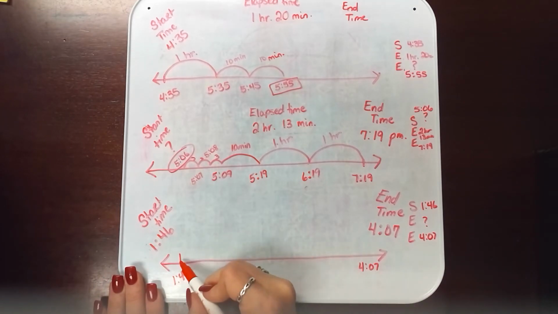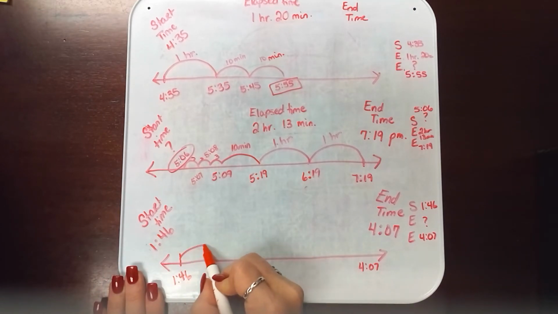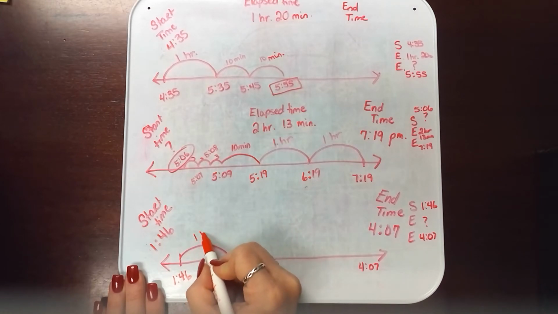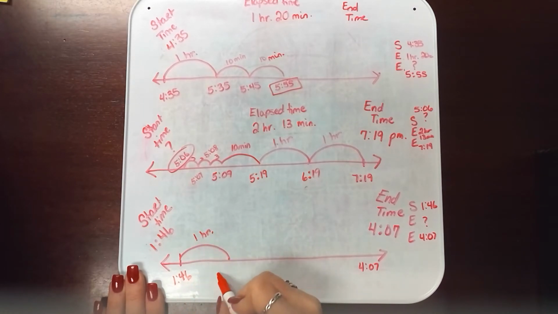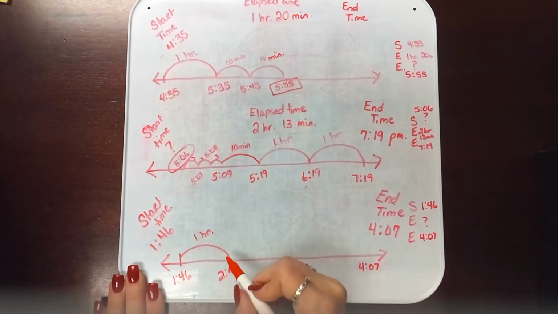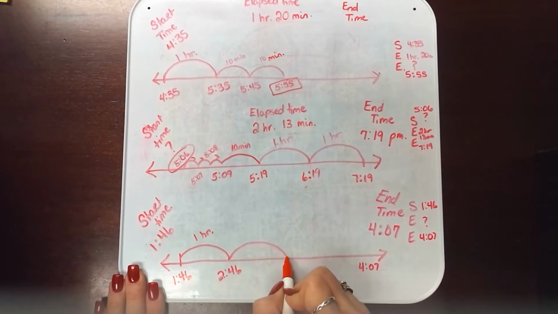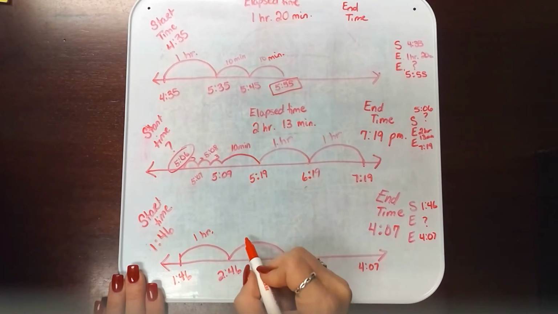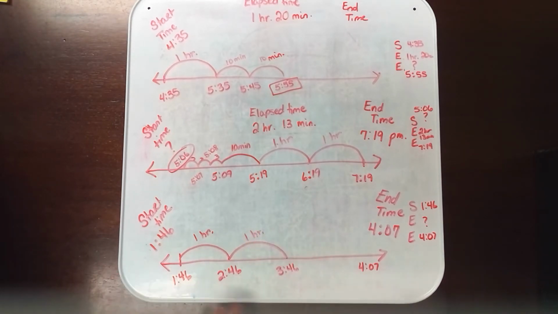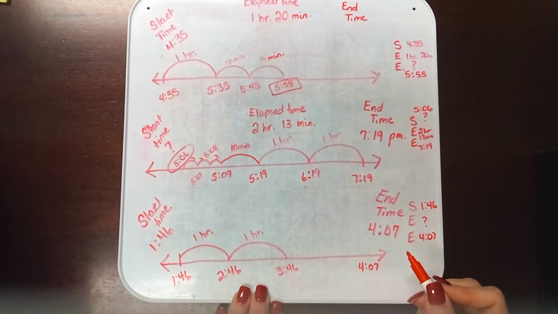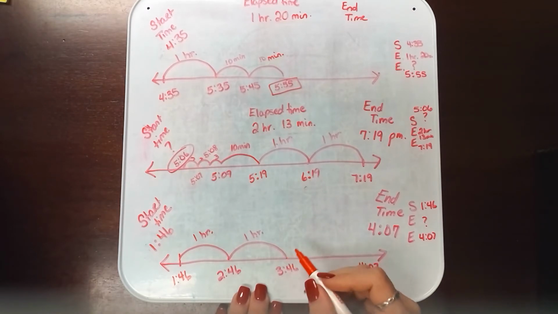And I want to go to 4:07. So, 1:46, I'm going to try an hour. Can I do an hour? 1:46, it would be 2:46. Okay. I'm going to do another hour, 2:46 to 3:46. That still works. Okay. I cannot do another hour because that would be 4:46, and it's only at 4:07.